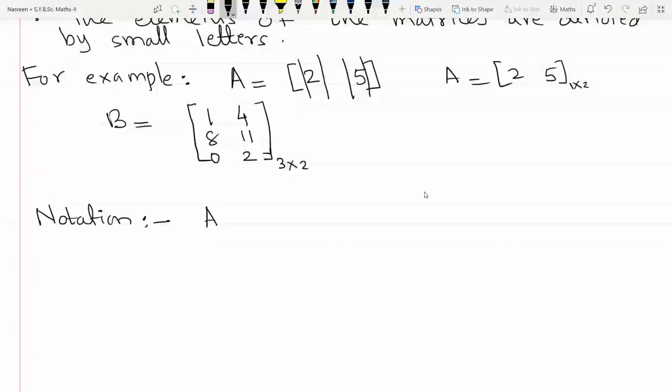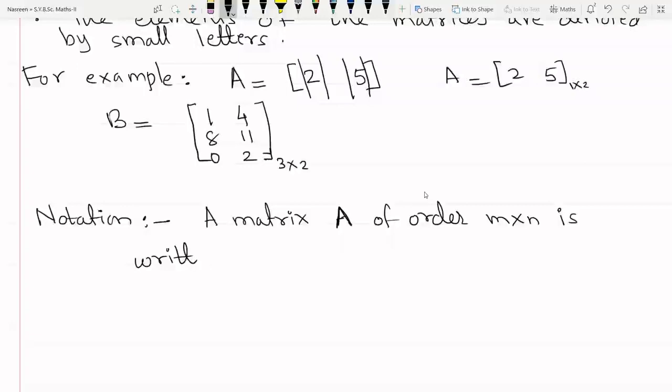A matrix A of order m cross n, of order m by n, is usually written as capital A equal to, the bracket for the matrix enclosing the elements, and the elements of the matrix are denoted by the symbol aij.